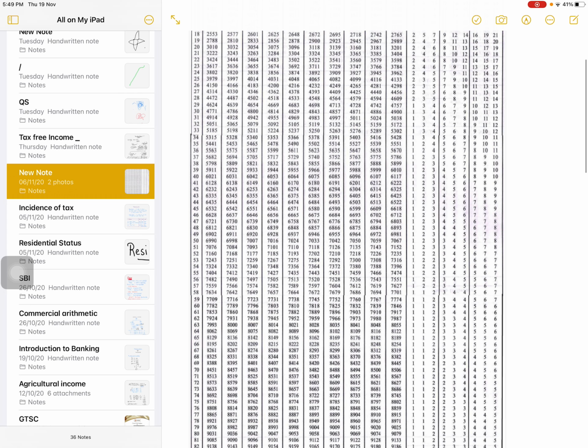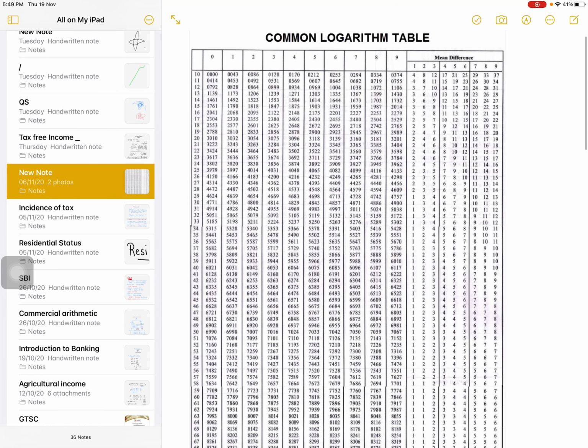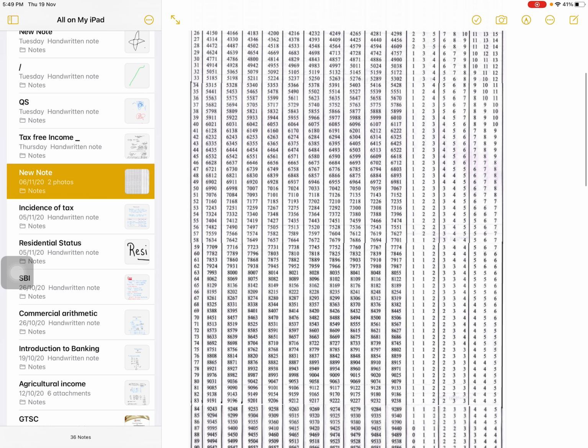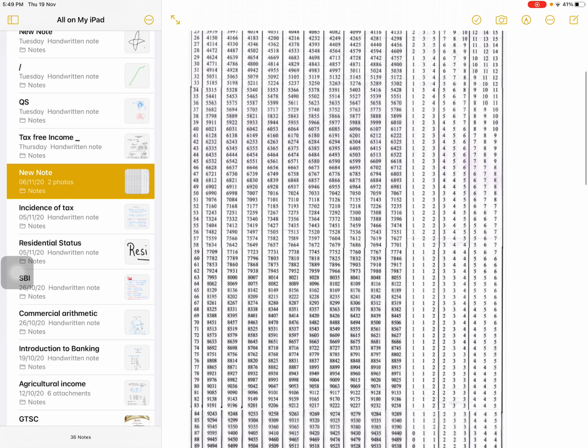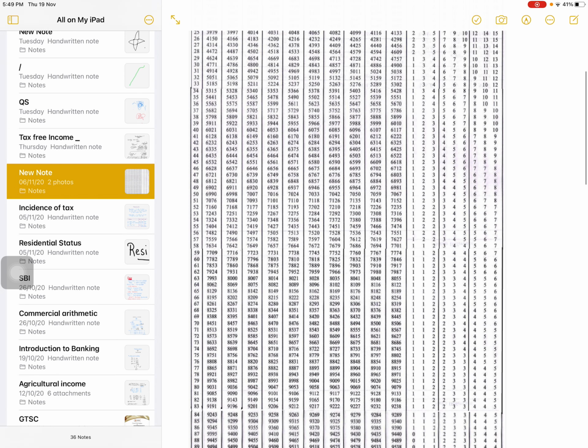For 77 mean difference is 6, which is 3. So 8871 plus 3, it comes to 8874, right?